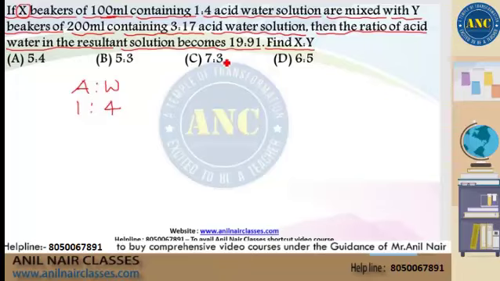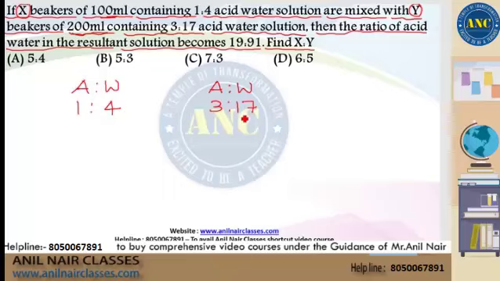Similarly, there is another ratio given for acid and water, which is 3:17, and this is in a can of 200 ml each. Totally there are Y cans or Y beakers. We don't know the value of Y also, which we also need to find in this question.